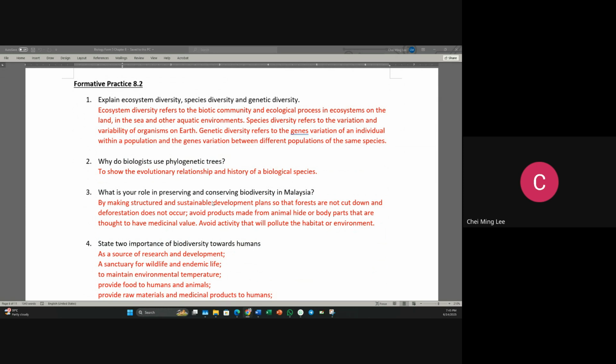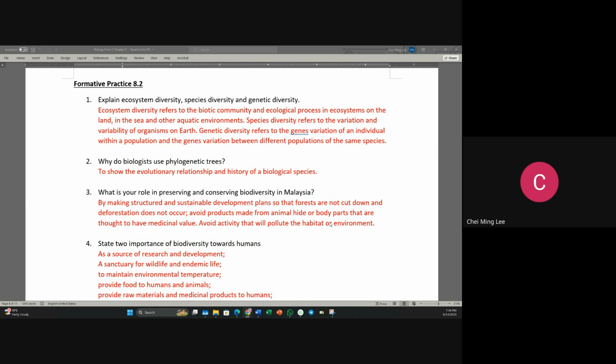No, this is impossible unless your government doesn't want to develop. If you want to develop, there must be deforestation. So avoid products made from animal hide or body parts that are thought to have medical value. Avoid activities that will pollute the habitat and environment.